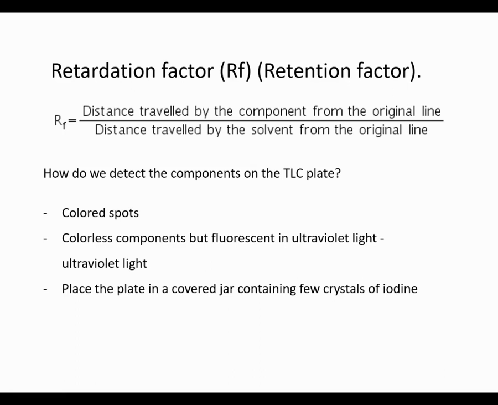What would happen is that the components of the sample will absorb iodine, producing brown spots. And you could also use ninhydrin. It will give a purple complex color upon spraying it on the thin layer chromatography plate, and then you'll be able to identify the position of your samples. So that is for adsorption chromatography.